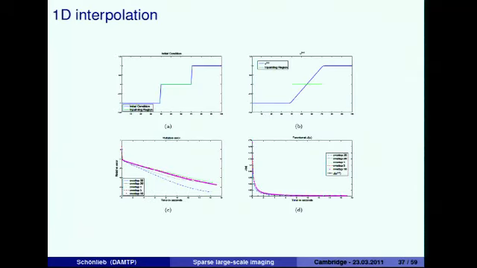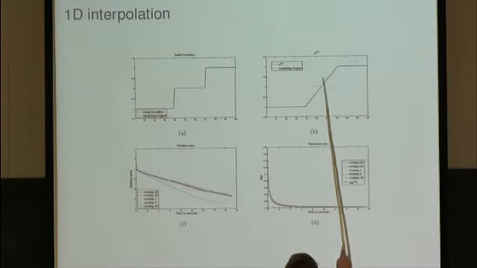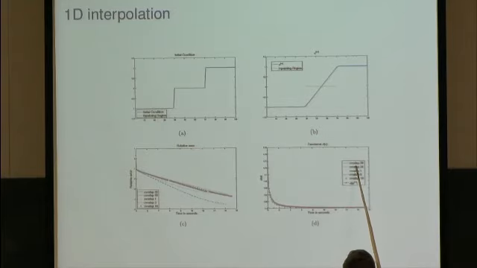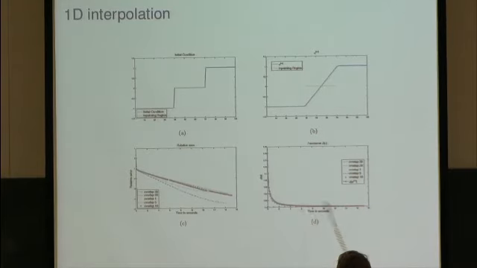And yes, some examples. Again, this interpolation example. So this is the given signal here. Here you have a gap, and you get this interpolation. And here, basically, I just wanted to show you that the theory is not cheating. Here we have the curves for the functional J of u.